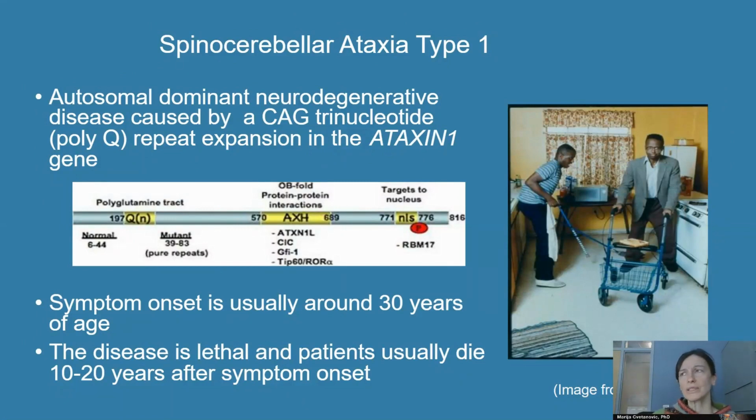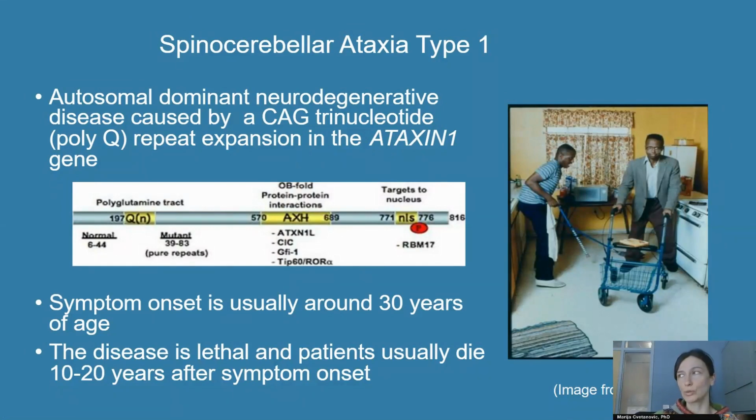Now, symptom onset can vary depending on the number of repeats you inherited from your parents, but most commonly it's around 30 years of age, and you show problems with movement and balance, as shown here with these twin brothers. That also demonstrates that it's an autosomal dominantly inherited disease. These symptoms progress.